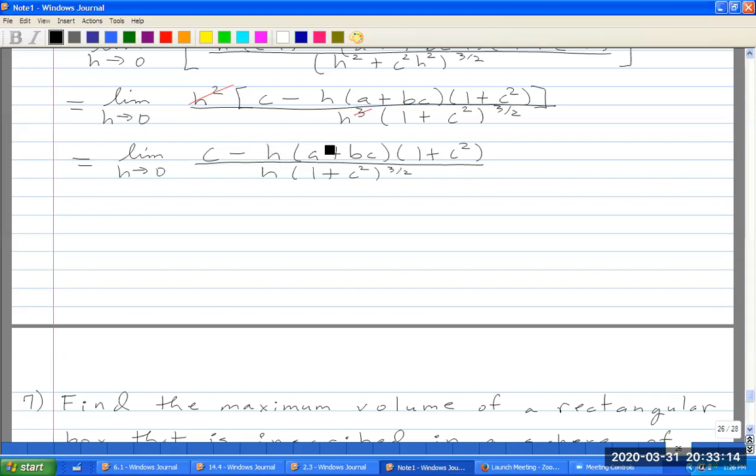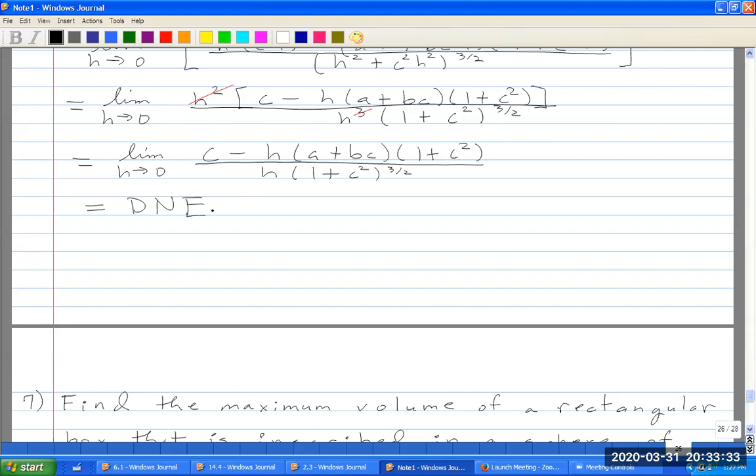Well, as h goes to 0, this numerator is just going to go to c. The denominator will go to 0 times this constant. So this whole thing goes off to infinity. It doesn't exist.